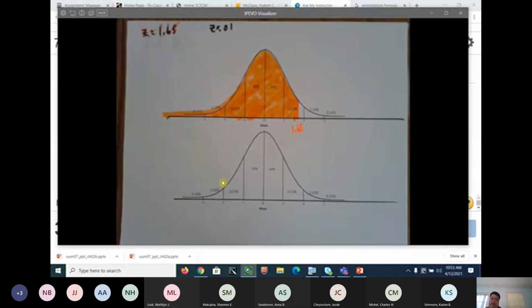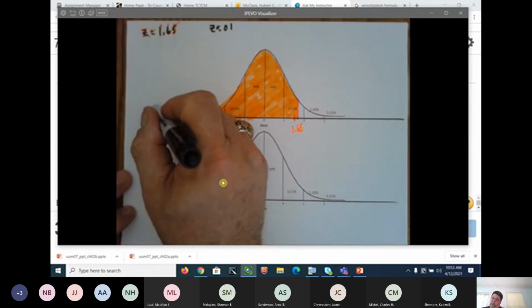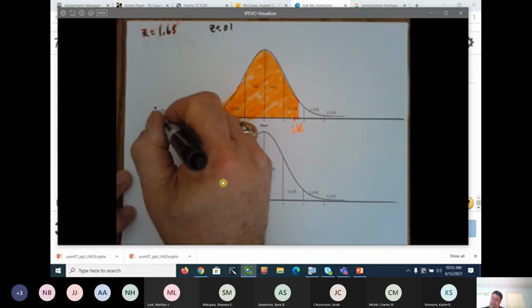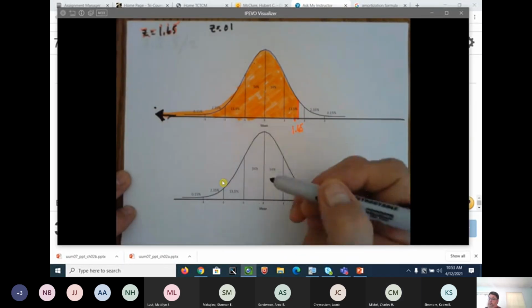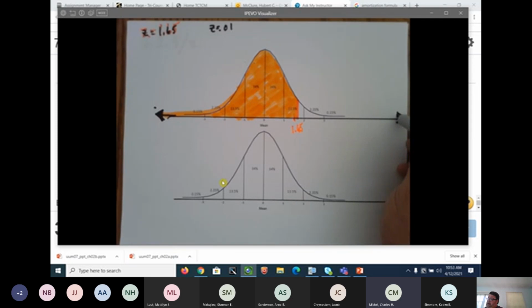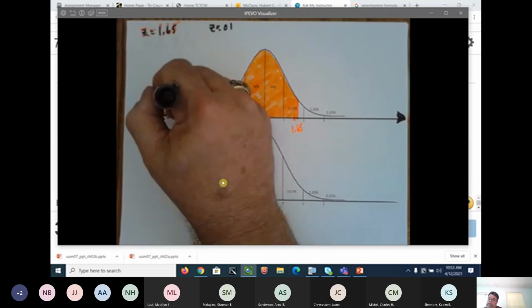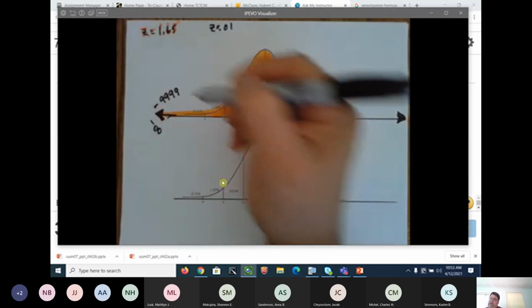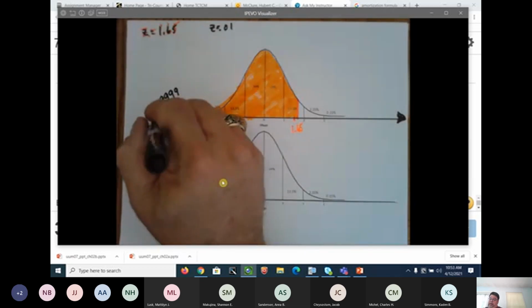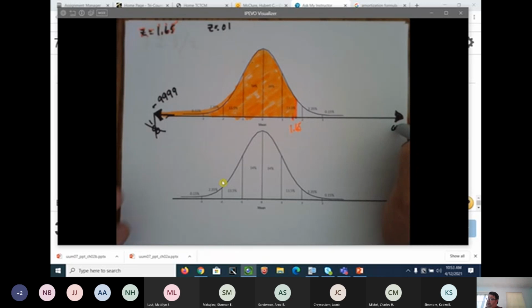Okay, and what is this arrowhead called down here? Negative infinity. But we can't put negative infinity in the calculator, so what are we going to use? Negative 9999. We can't use positive infinity either, so the arrowhead up here is called positive 9999.